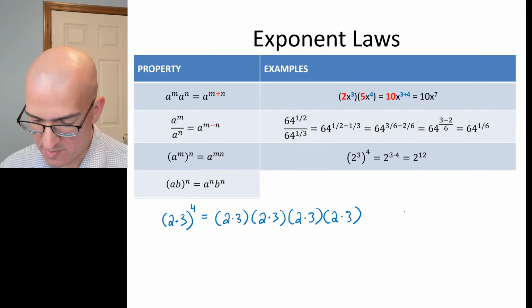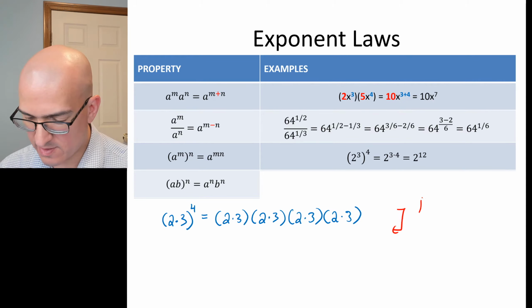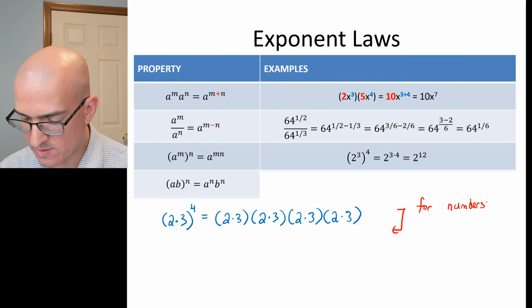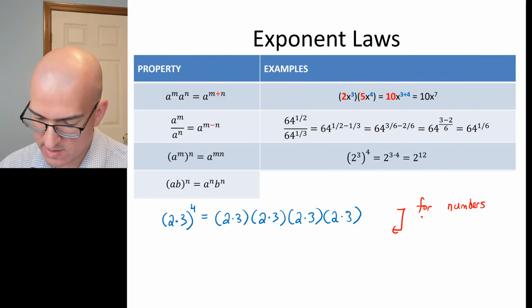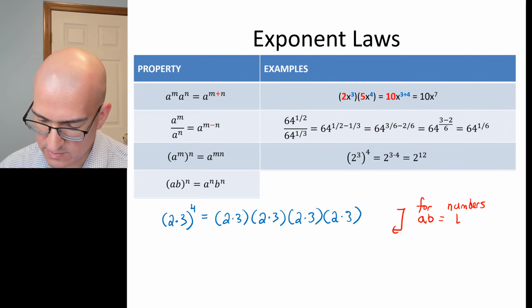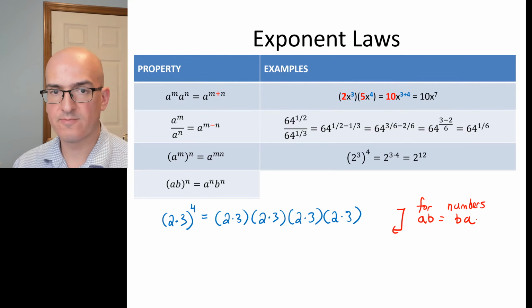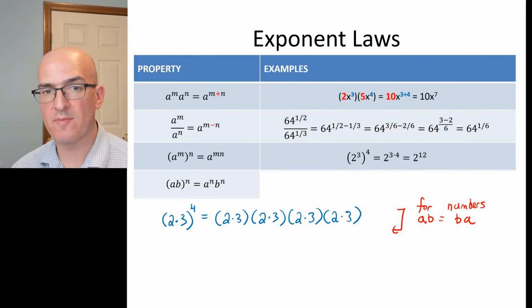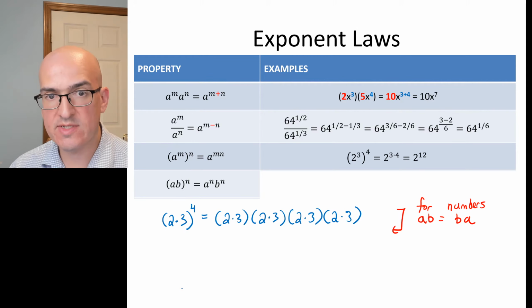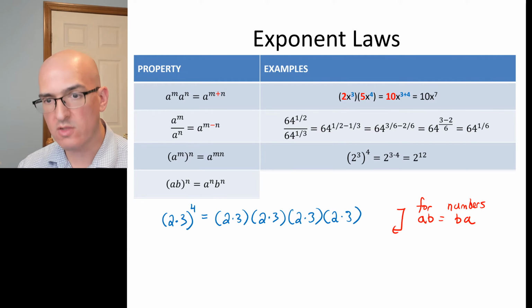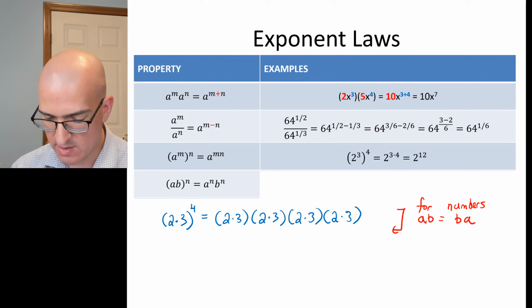Now I'm going to use a property that for numbers, for scalars, a times b is equal to b times a. The order of multiplication does not matter. 5 times 4 is the same as 4 times 5. And I'm going to use that rule as many times as I need in order to reorder all the multiplications that are shown on the left.